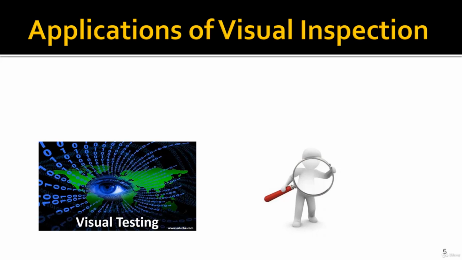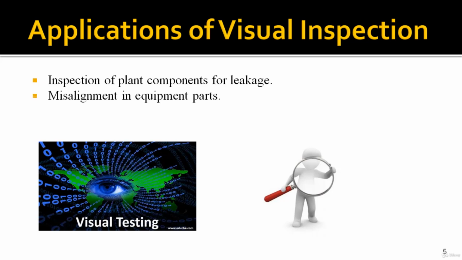Now look at the applications of visual inspection. There are lots of areas where visual inspection is used, like inspection of plant components for leakage. In power plants or any plant, there are lots of pipelines, and there may be leakage due to high pressure, volume or temperature, but we can inspect the plant components for leakage.